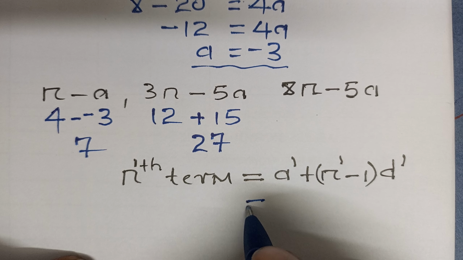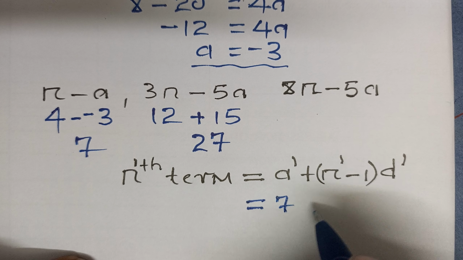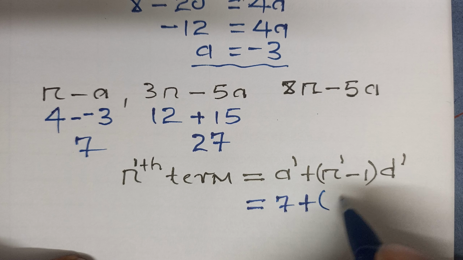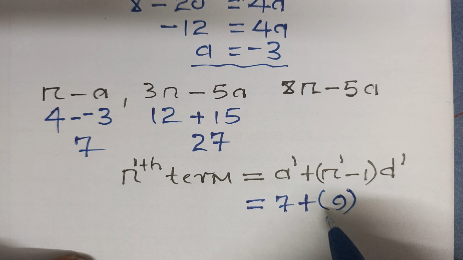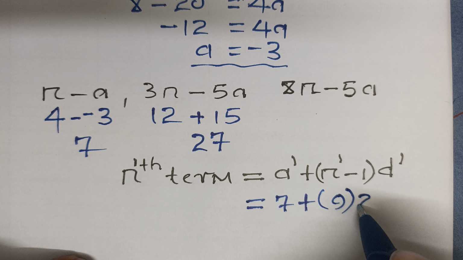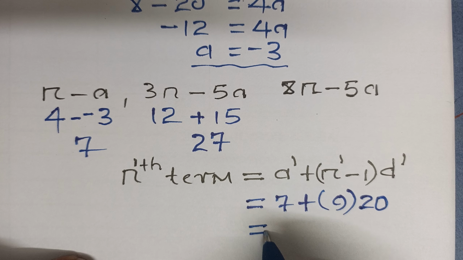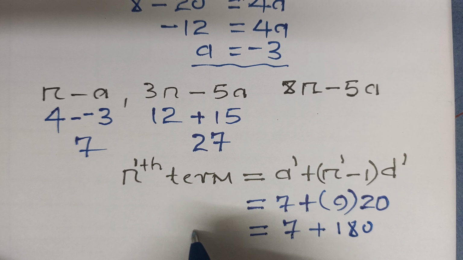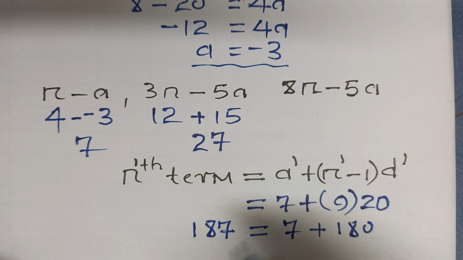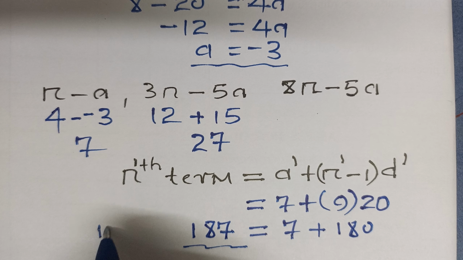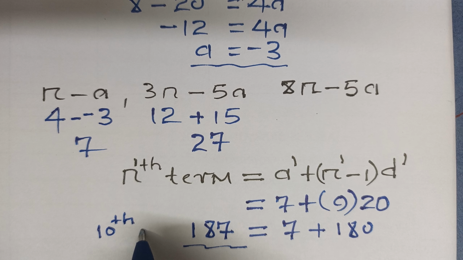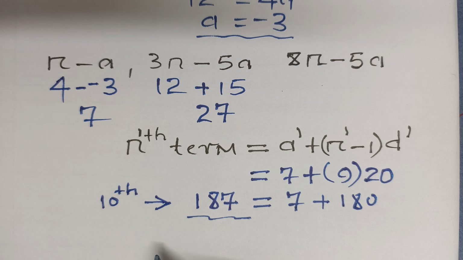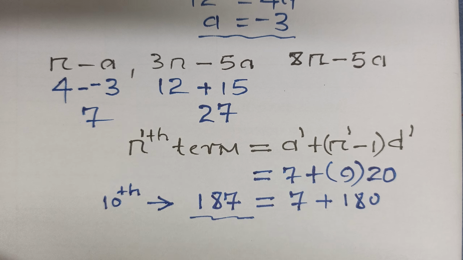So the first term, which is now 7, plus, we are talking of the 10th term, so this is going to be 10 minus 1, which is 9, and the constant difference is 20. So this is now going to be 7 plus 180, which comes to 187. And so this is our 10th term.